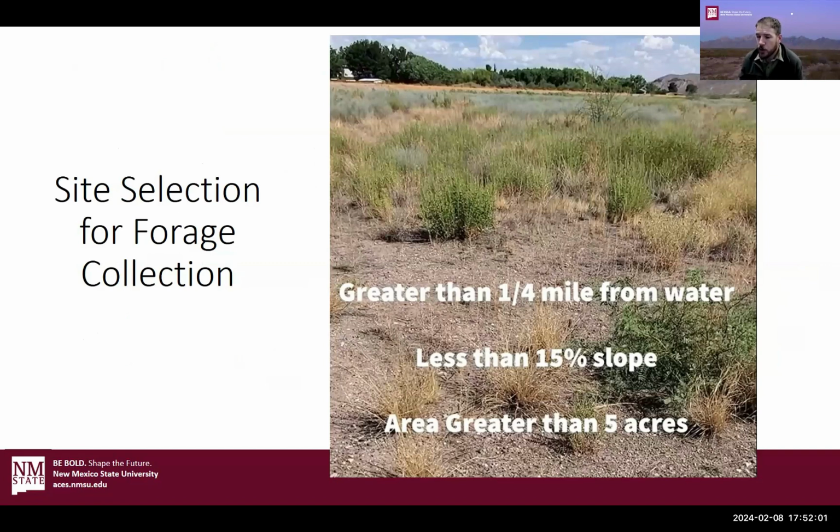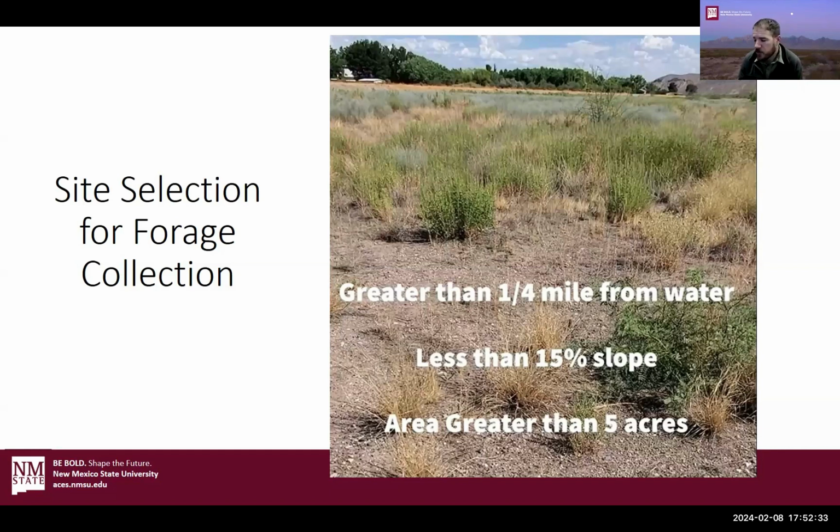So you've got to do a little bit of an art, a little bit of judgment on where you select these areas. Keep in mind they should be representative. Some general guidelines for your assessments: keep it 1/4 mile away from water. Another one is don't do it on steep slopes. That's not representative. Anything less than 15 degrees is considered okay for taking samples.